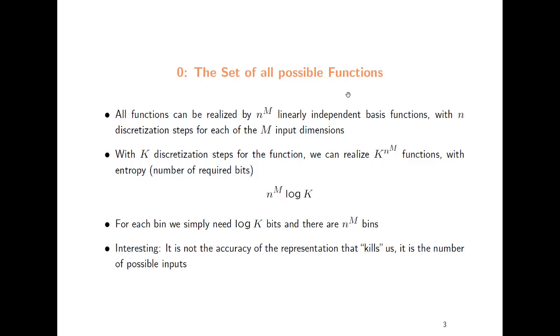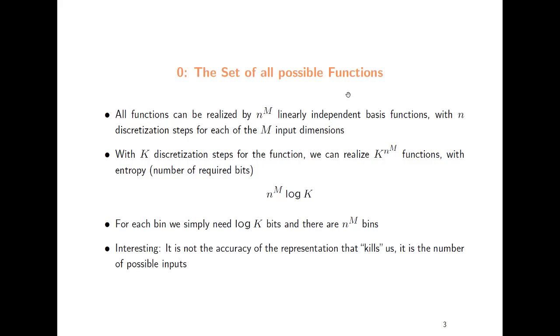And if we are happy with a precision of k discretization steps for the function, so for the output, we can realize k to the n to the power of m functions, which leads to the entropy as a log of that number, small n to the power of m log k.